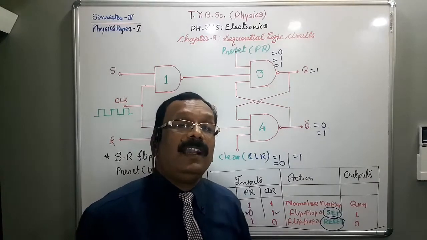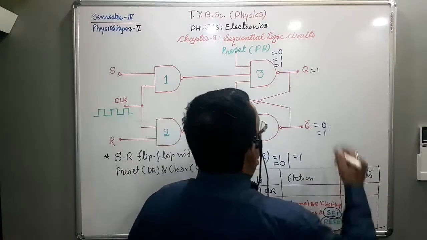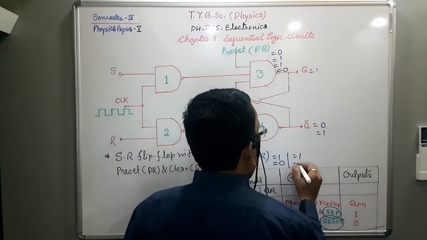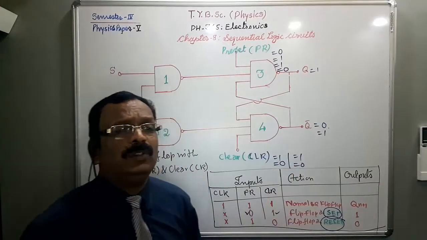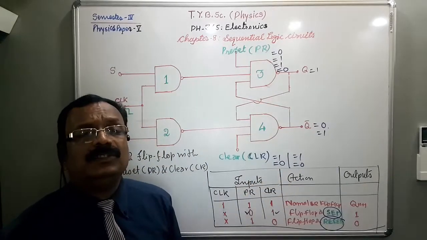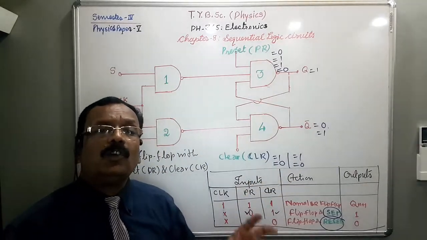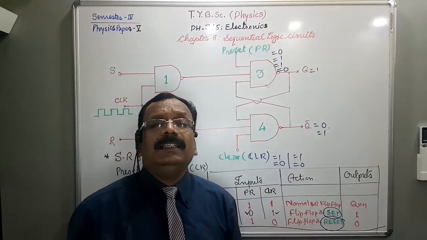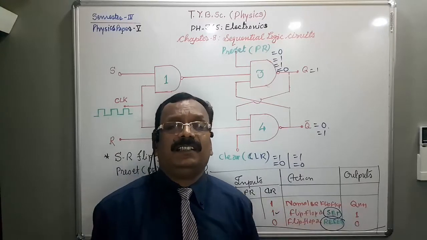Okay. And lastly, when PR is equal to 0 and CLR is also equal to 0, both the terminals are 0. The output of both the NAND gates is in a certain state.